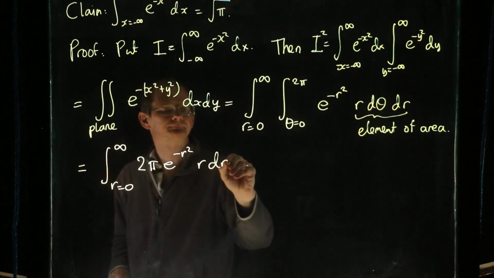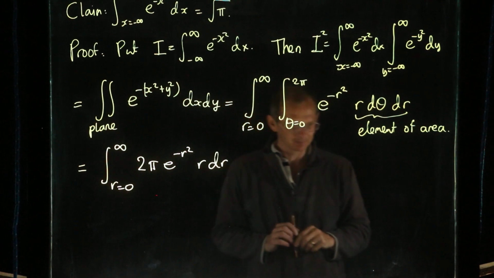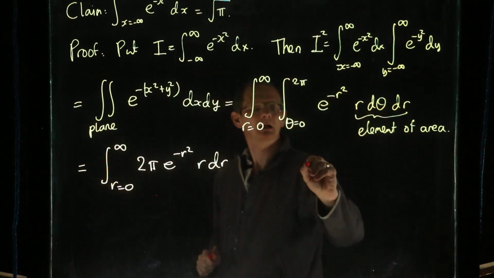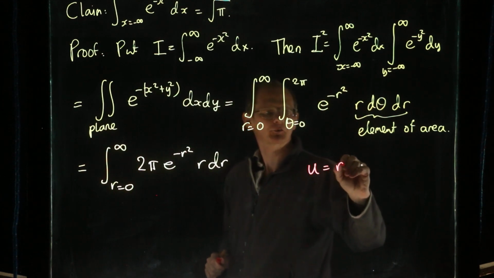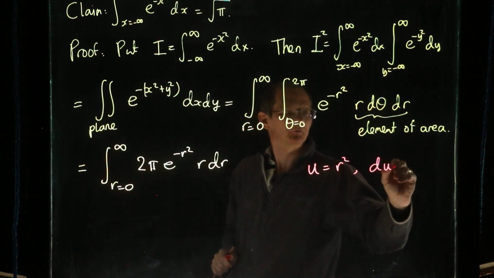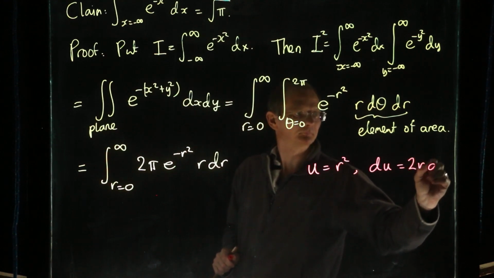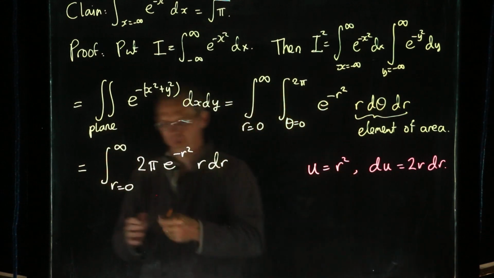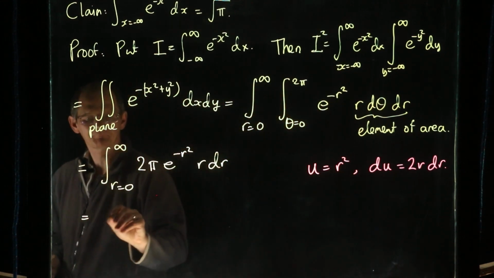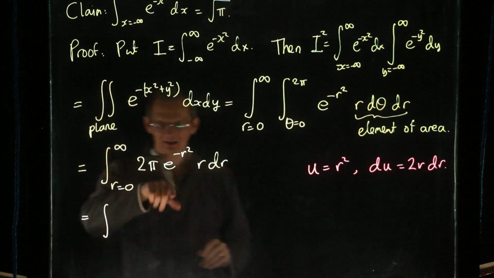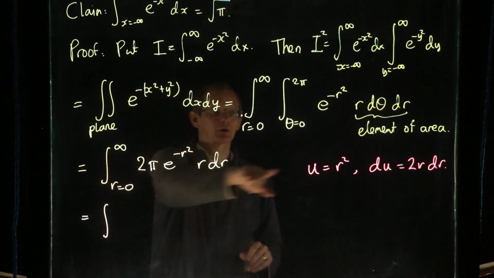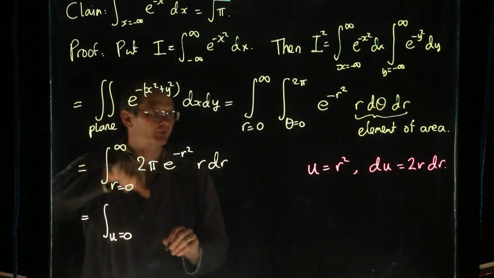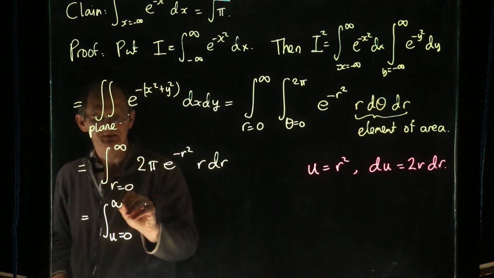r dr. Okay. So this we can do by substitution. We're going to substitute u as r squared. So du is 2r dr. So we have to substitute in the limits, but r is 0 corresponds to u is 0 because u is just r squared, and r is infinity also corresponds to u is infinity.